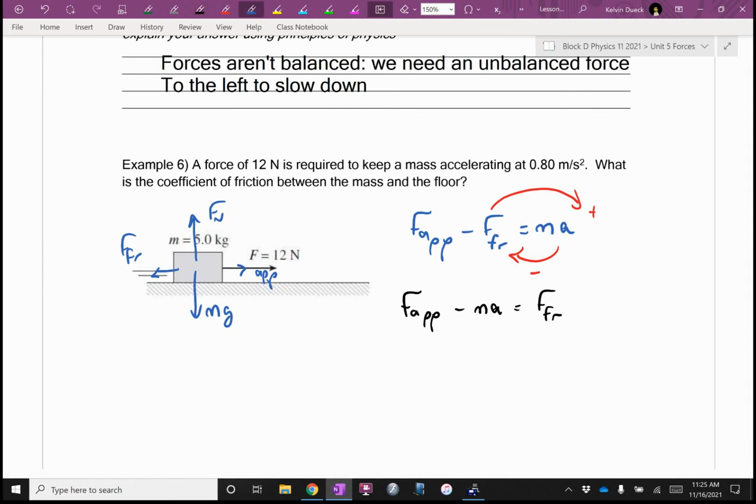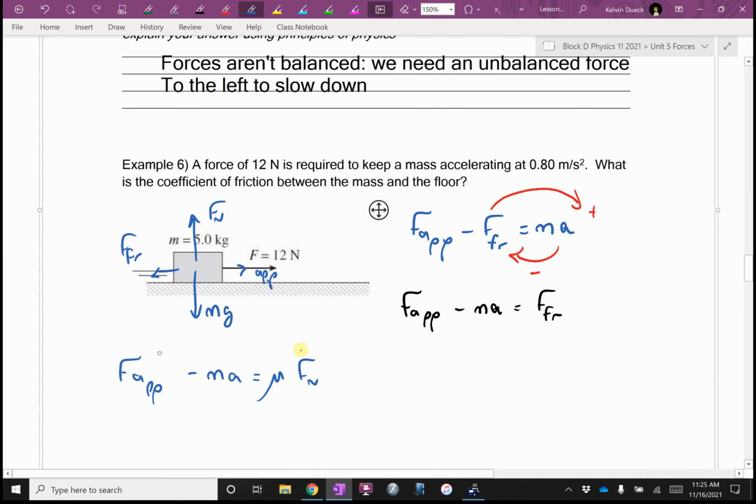So my next step, I think, would be to say F applied minus MA equals mu times the normal force. And now I can get the mu by itself. How would I get the mu by itself? Divide what? In fact, this sort of looks like Nick's rule, but not with an A, with a normal force. But it's the same idea.